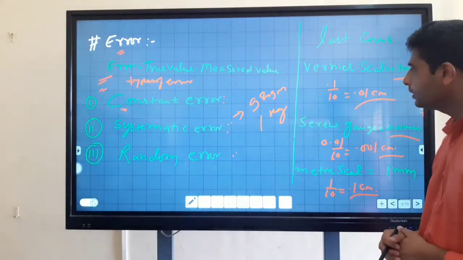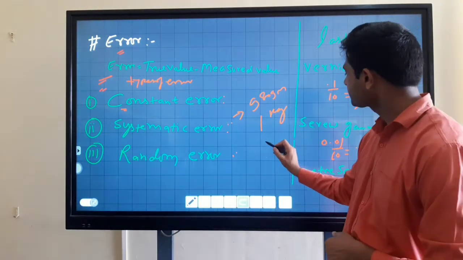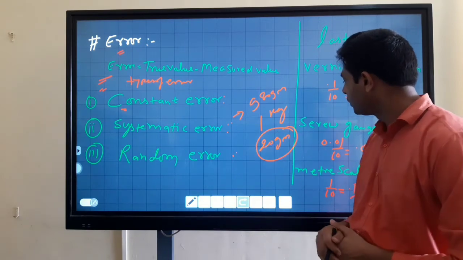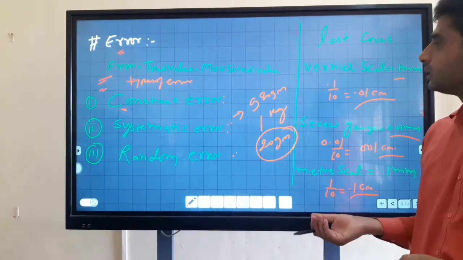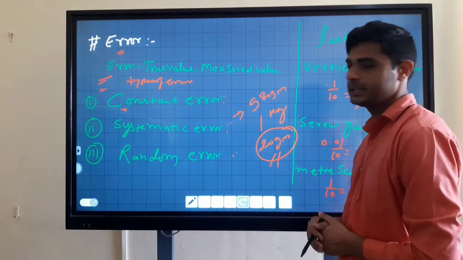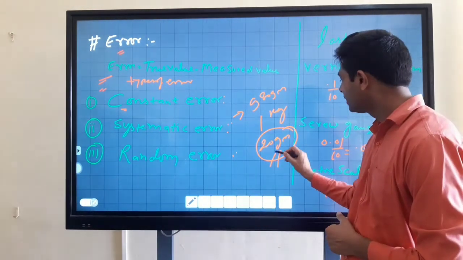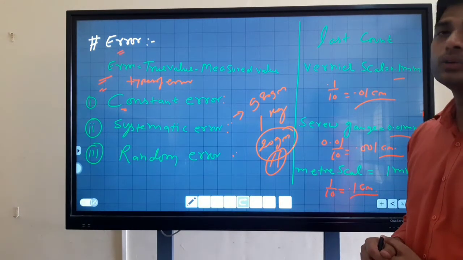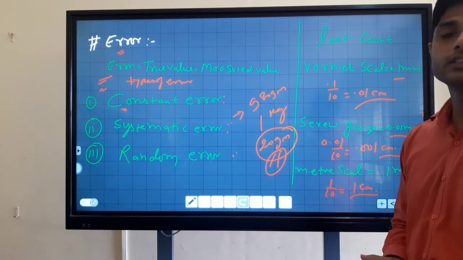It means there is a 20 gram loss to the customer. The instrument measures 20 gram less. So we can eliminate the constant error by using a different instrument.